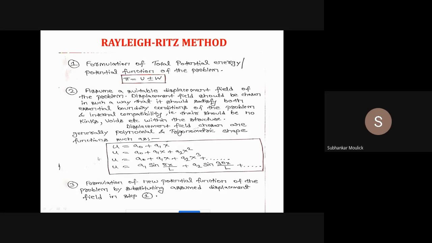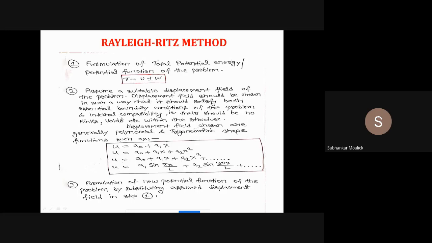I will use the assumed displacement field. Then I will find the unknown coefficients by the use of essential boundary conditions.